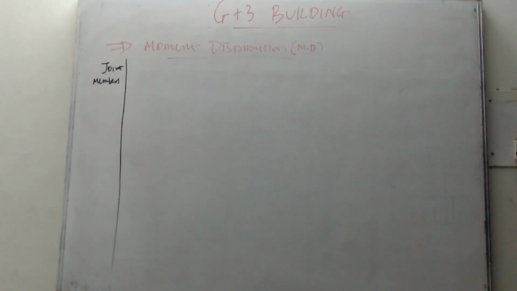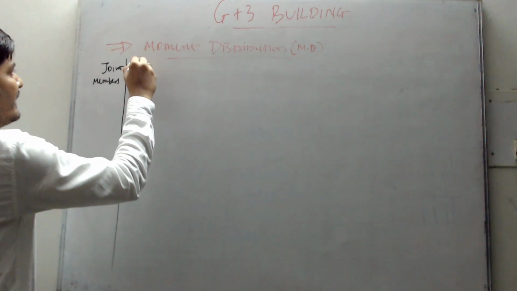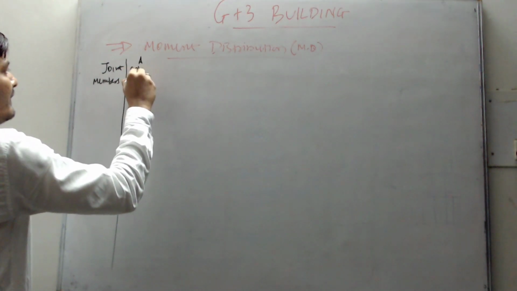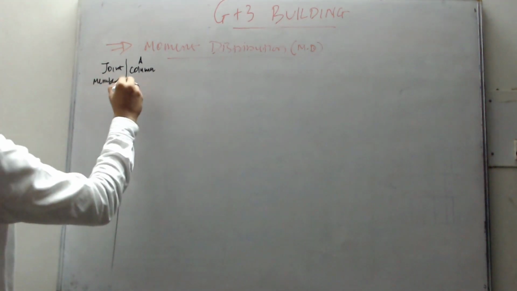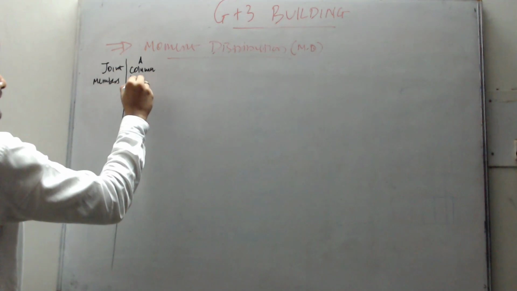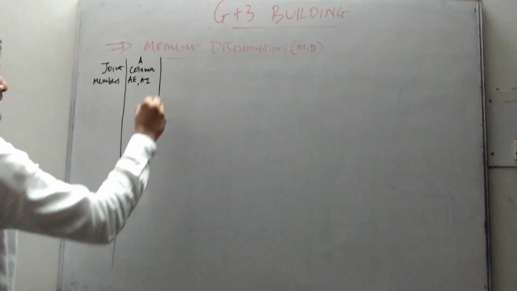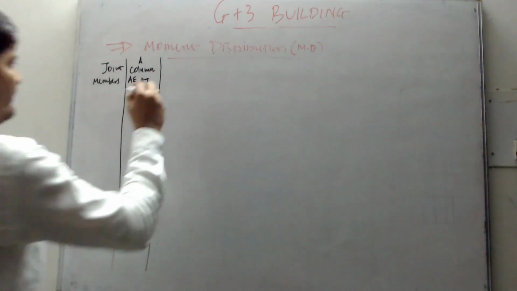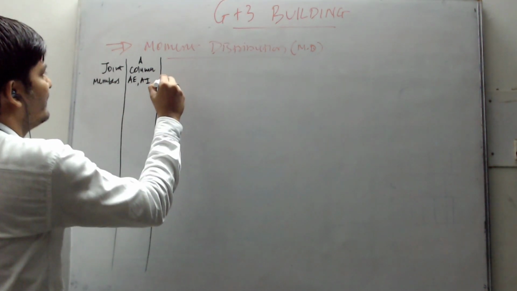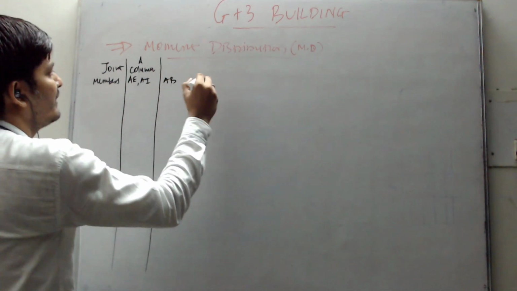A column, and those members that are acting over there. At point A we have two columns, that is AE and AI. These are the two columns at point A. After that we have span AB and BA, right? Span is AB and BA.